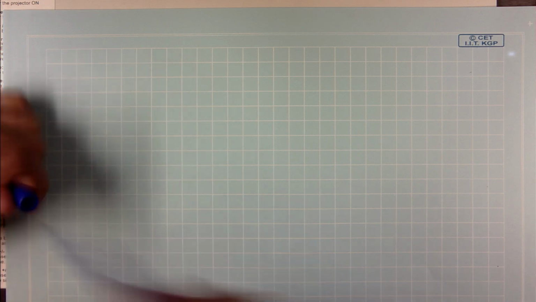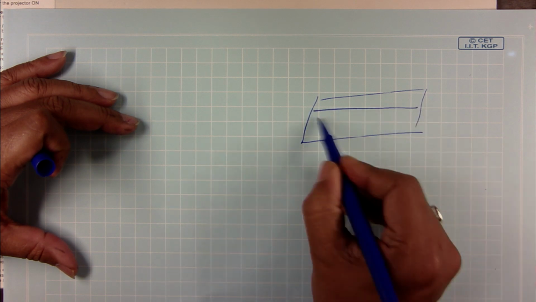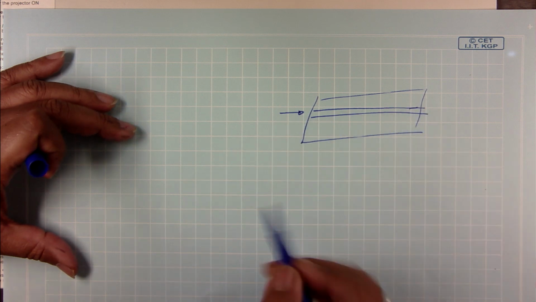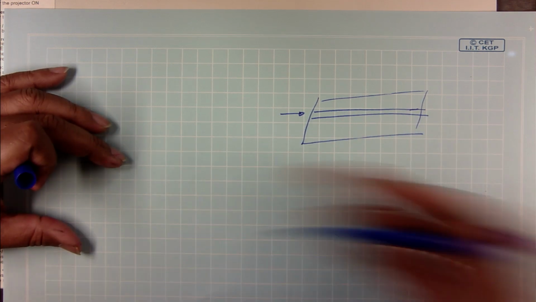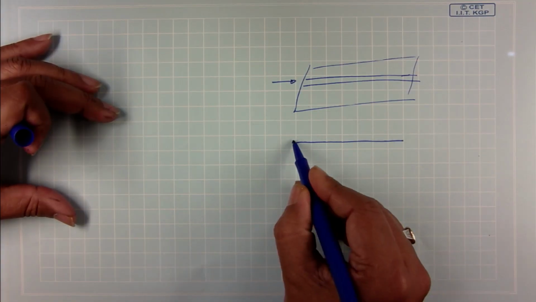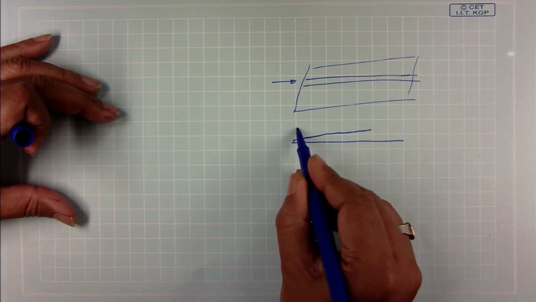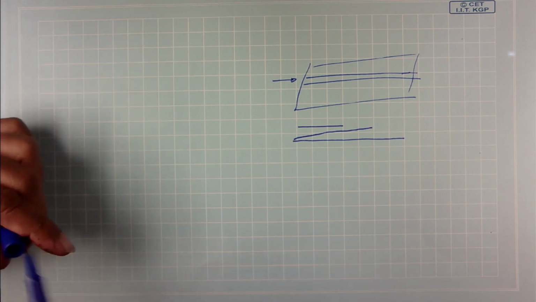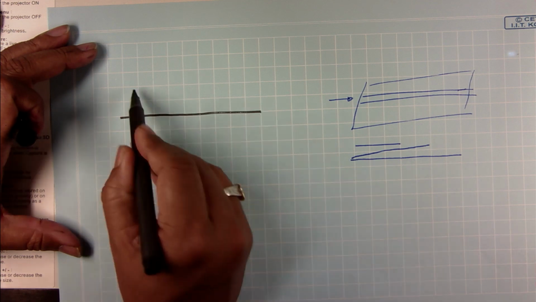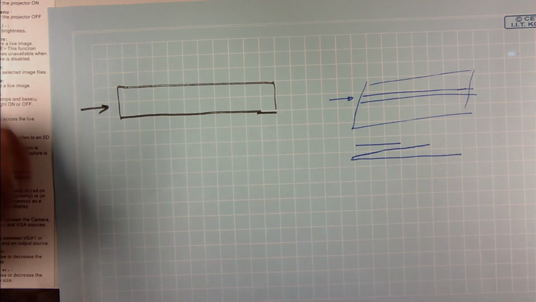Okay, so I have a heat exchanger and I have these microchannels built into it, and the vapor is coming into the system. Okay, on the back side I am cooling it using water, and so if I look at the profile of the thickness of this condensate film, let me redraw it actually. So if I am looking at it in the side view, if this is my channel cross section, the vapor is coming in from this direction.